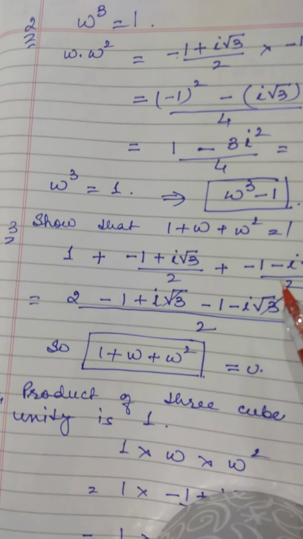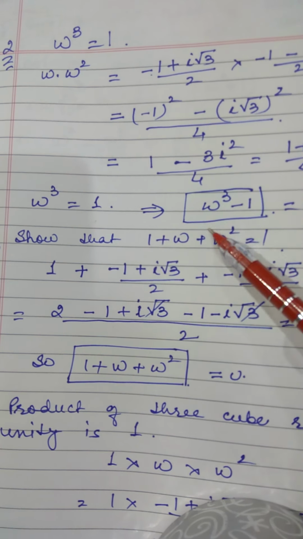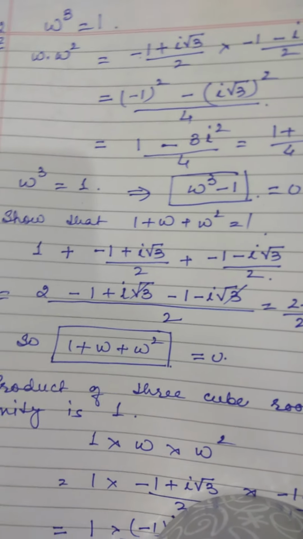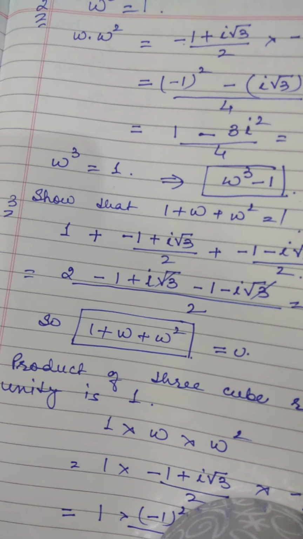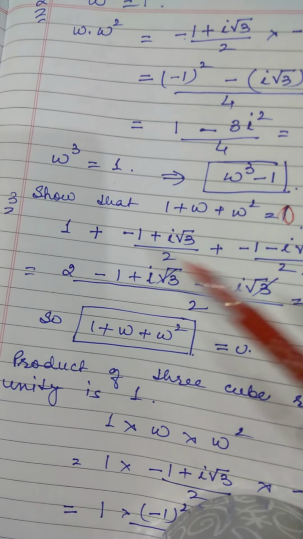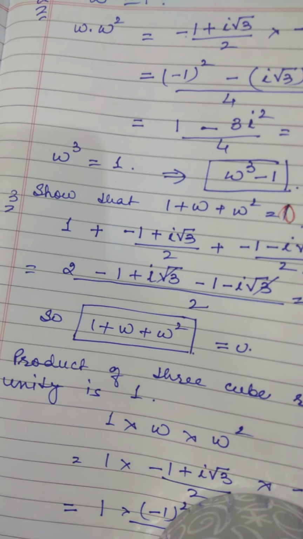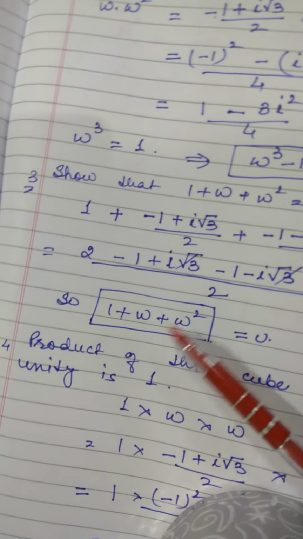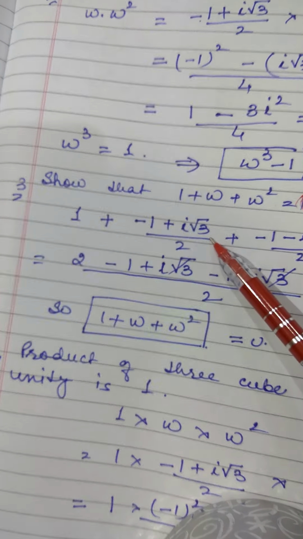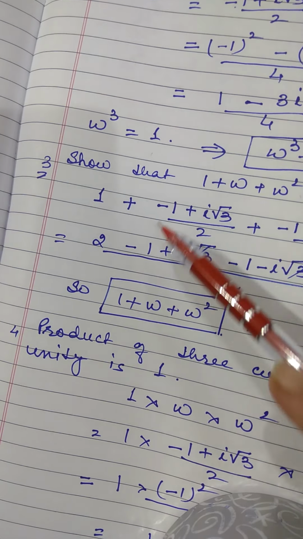Using this we can say that omega cube minus 1 is equal to 0. Another one is 1 plus omega plus omega square is 0. So let's prove this. You see, the denominator is the same.